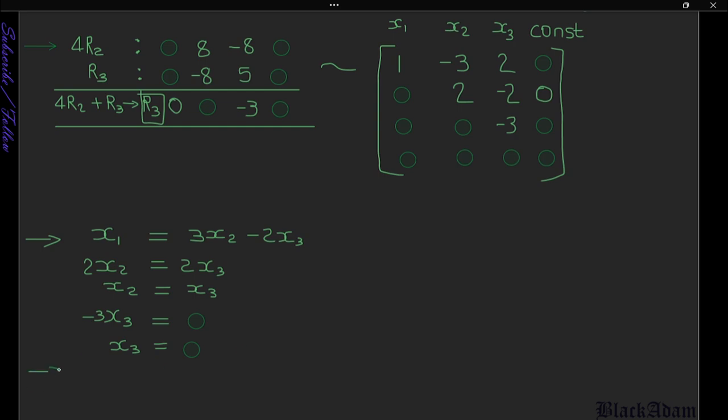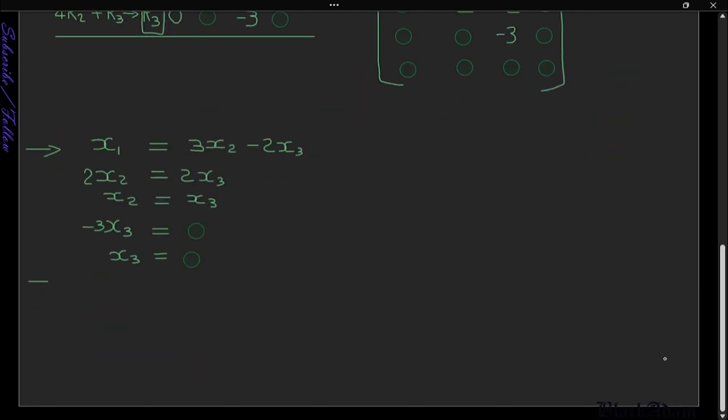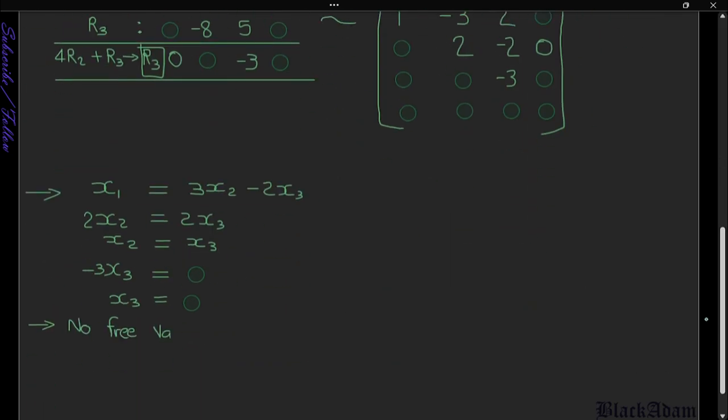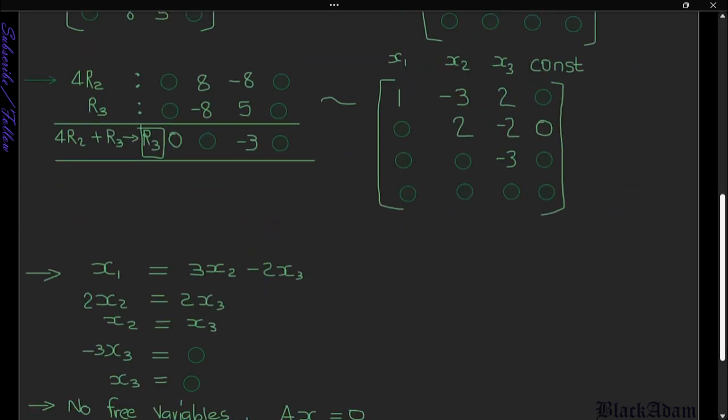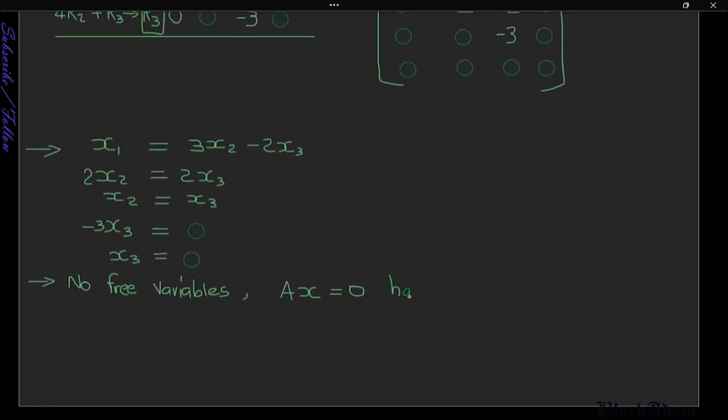Now remember that we need to find out if they're independent. There are no free variables, which means all the variables have values, and that is a sign of linear independence. There's no combination of any of them that produces the others.